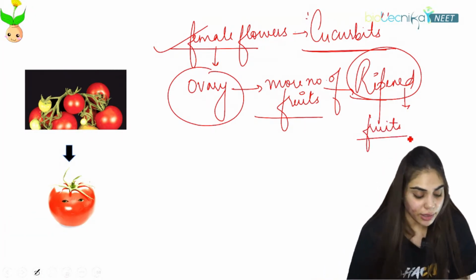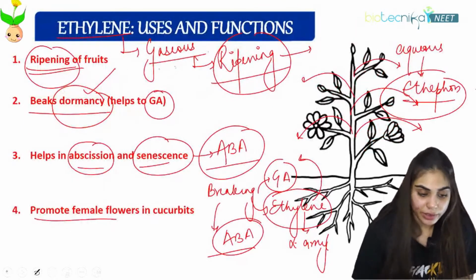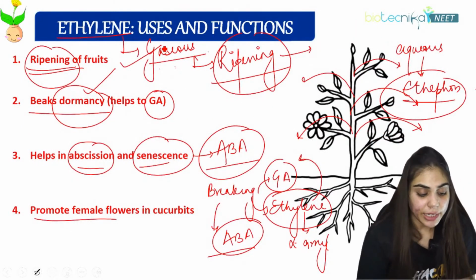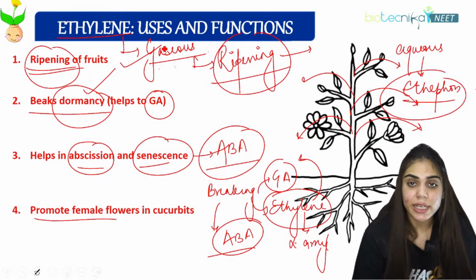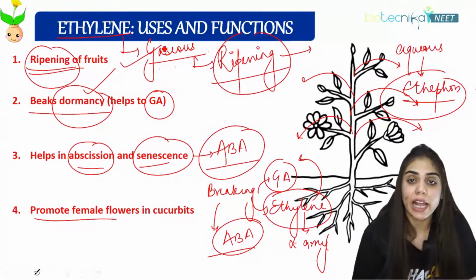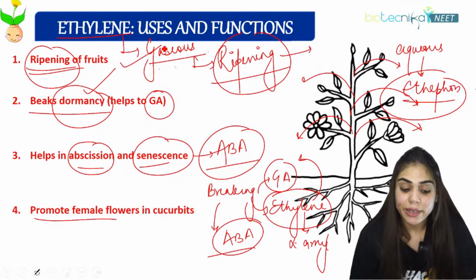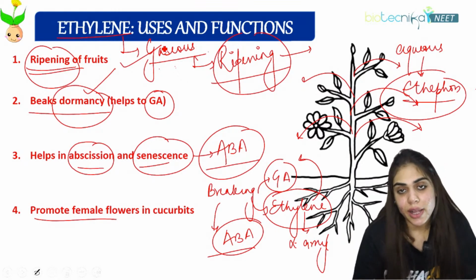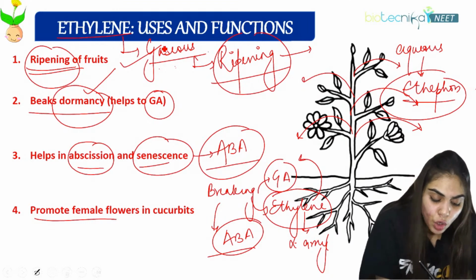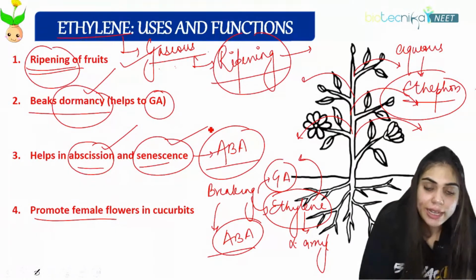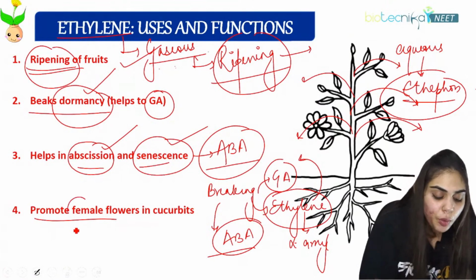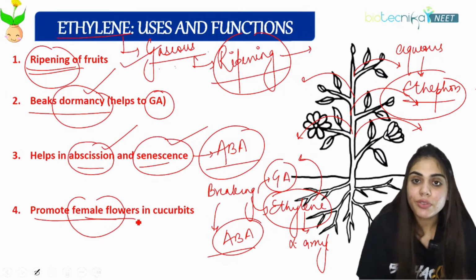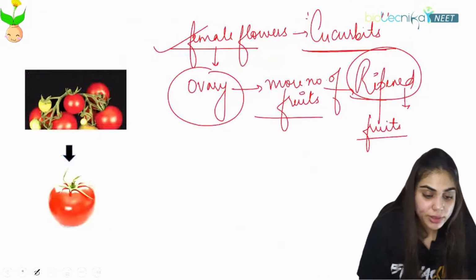These are the uses and functions of ethylene. Ripening of fruits, helping to break the dormancy, and in turn indirectly helping gibberellic acid by inducing the synthesis of alpha amylase enzyme. It is also helping in abscission and senescence process and promoting the formation of female flowers in cucurbits.